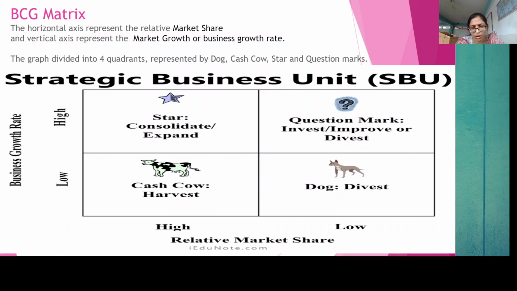Simultaneously, we have star, which is the products that have high business growth rate and also high relative market share. Basically, every marketer wants their products to be in this quadrant.